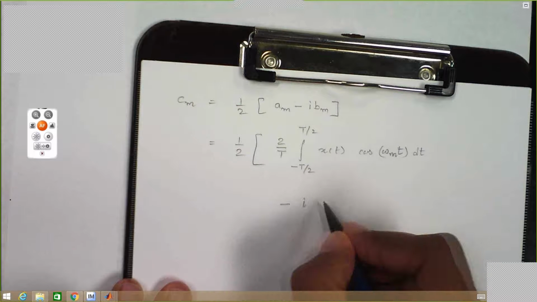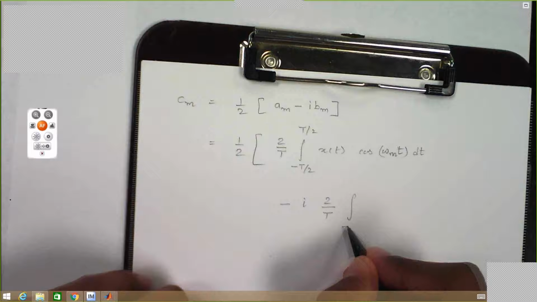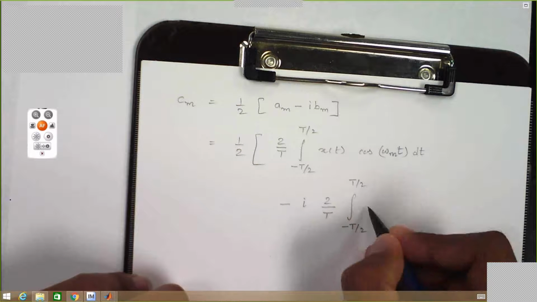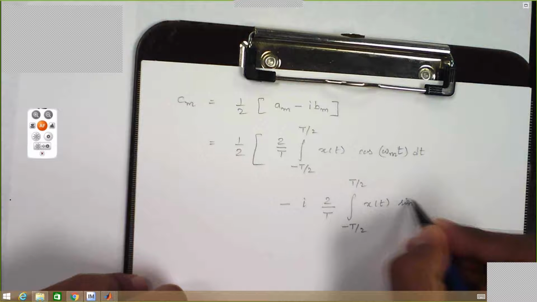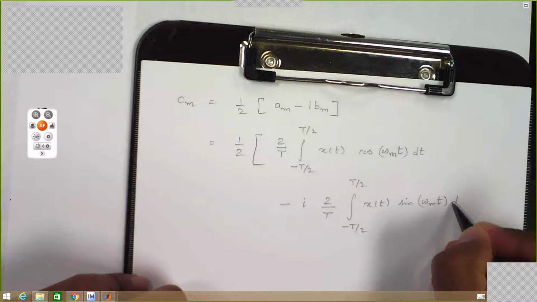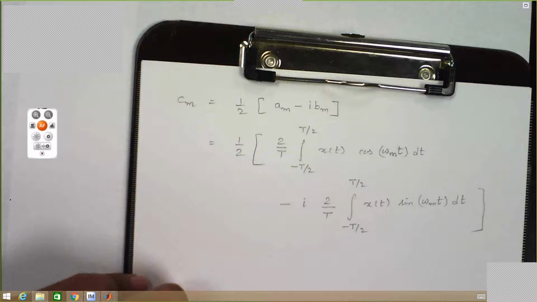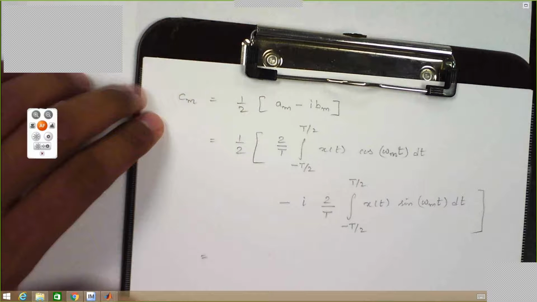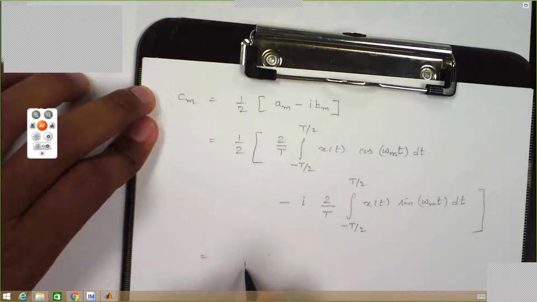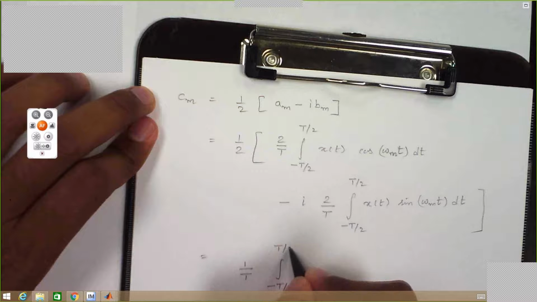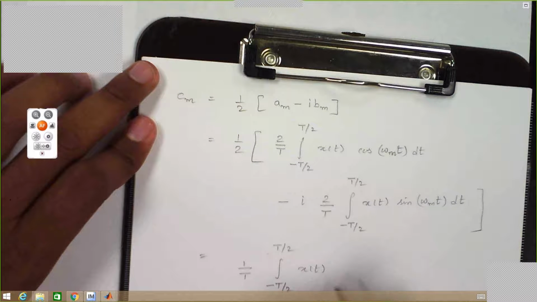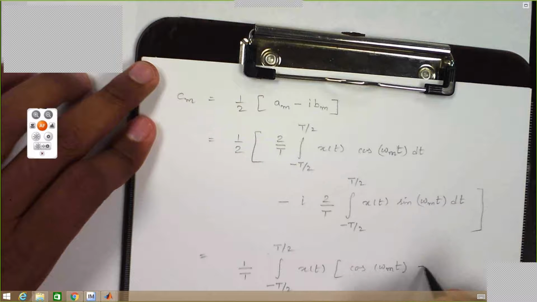Minus I times, so in other words, we can combine them into one form: sine of omega mt minus I sine omega mt dt.